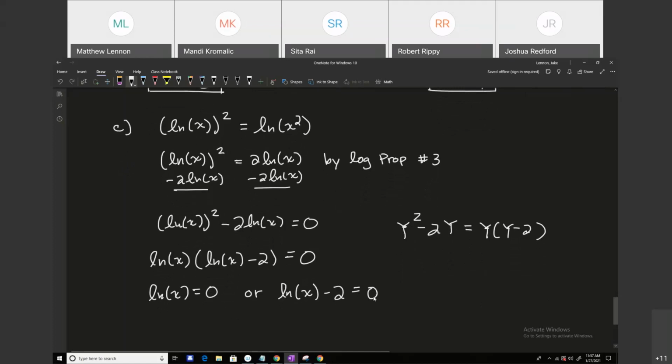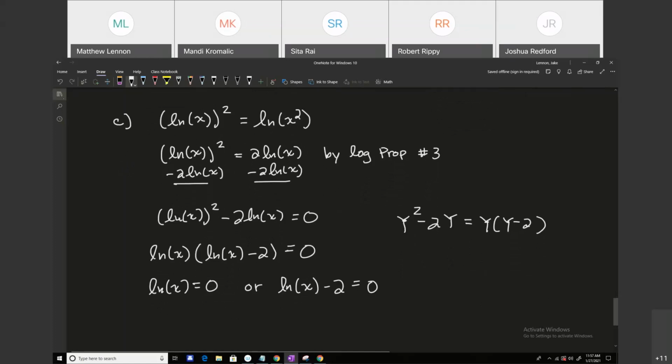So how do we solve this? Remember, let me skip one step. Natural log of x minus 2 equals 0. That would be the same thing as the natural log of x equals 2. That's the only way the second set of parentheses would be 0. So to solve these equations, we would again use inverse property number 2.